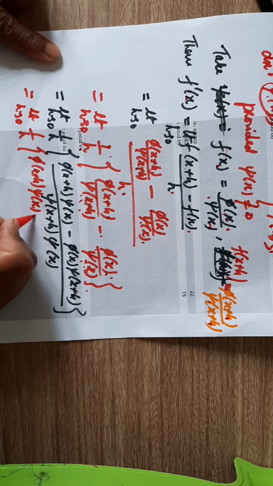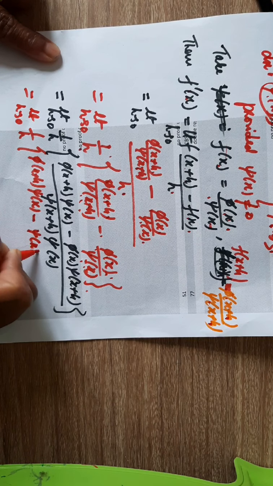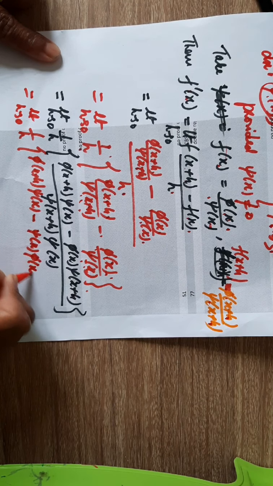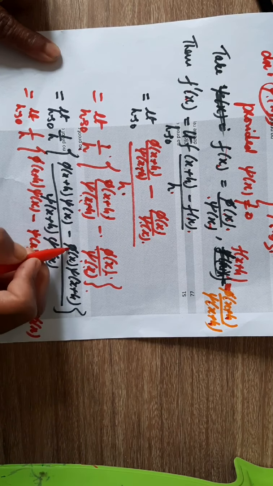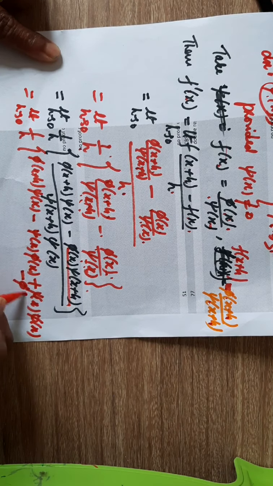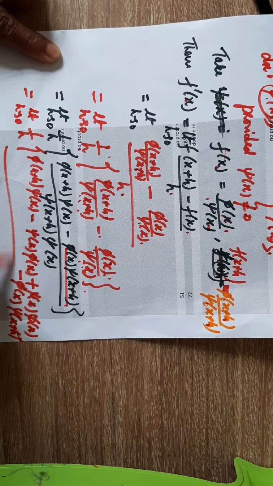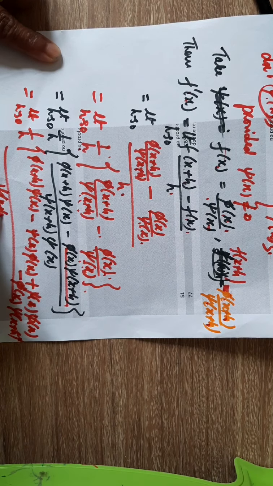So you add this term, minus psi of x phi of x plus psi of x phi of x, minus this one, phi of x into psi of x plus h, whole thing divided by psi of x plus h into psi of x.